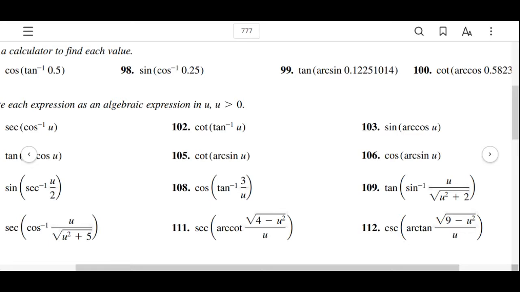What was that other question you wanted us to do? So 109? 112. All right.